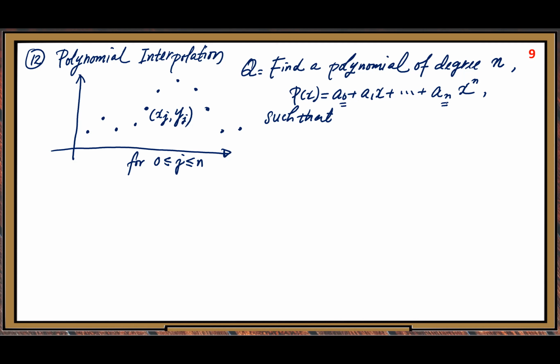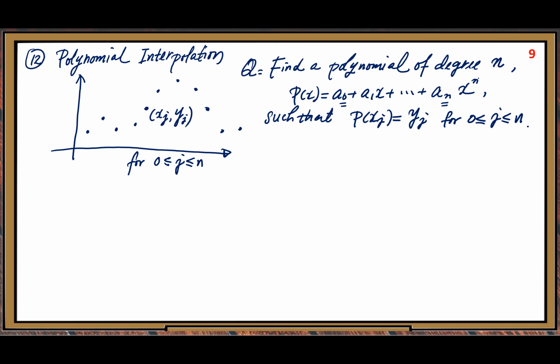Then we can find a valid solution. Otherwise, we may not be able to find a solution, such that p of xj equals yj for all j between 0 and n.